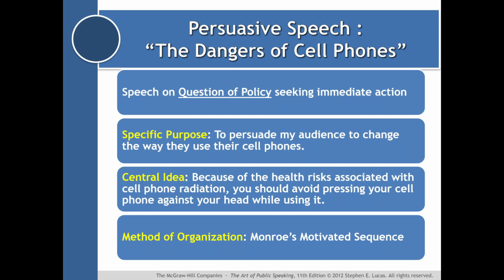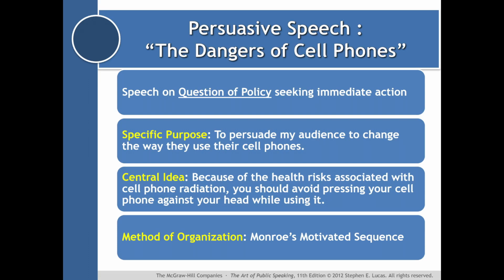The specific purpose is to persuade my audience to change the way they use their cell phones. So at the end, you want them to change the way they use their cell phones.